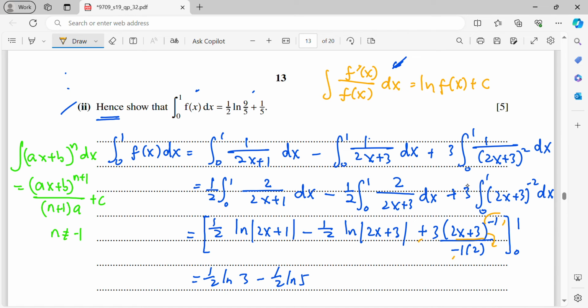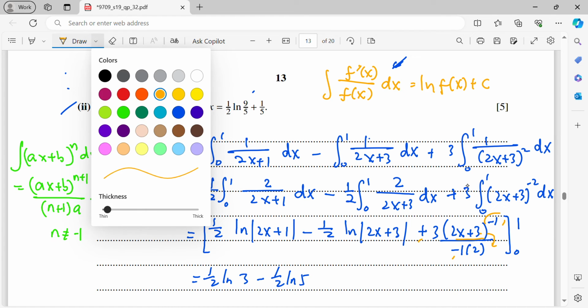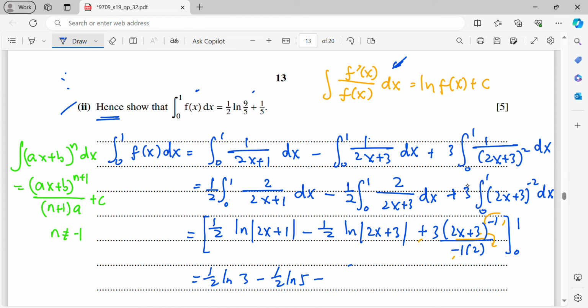So then 3 over 2 of this term, which is minus 3 over 2. Then replace the x by 1. So 2 times 1 plus 3 is basically 5. Minus, when the x is replaced by 0, I get half ln 1 minus half ln 3. And when I replace x by 0, I get negative 3 over 2. Then here I still have 3.